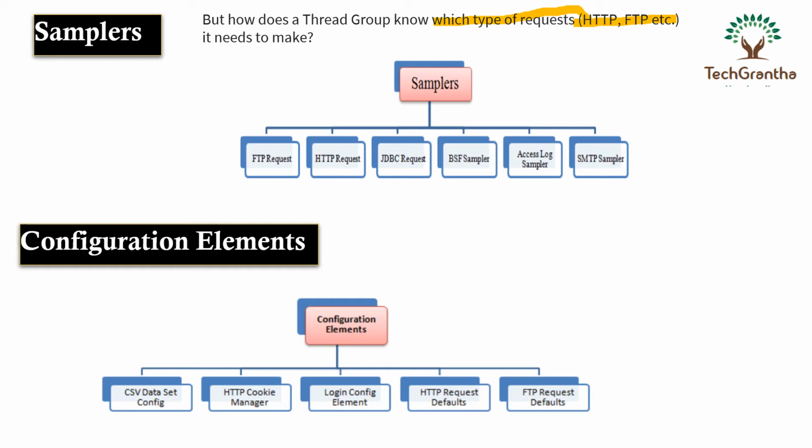For that there are a number of samplers. One is the FTP request, then the HTTP request. JMeter supports such types of protocols. If you want to transfer your file, then we use the FTP protocol. Most commonly we use the HTTP request in most places.